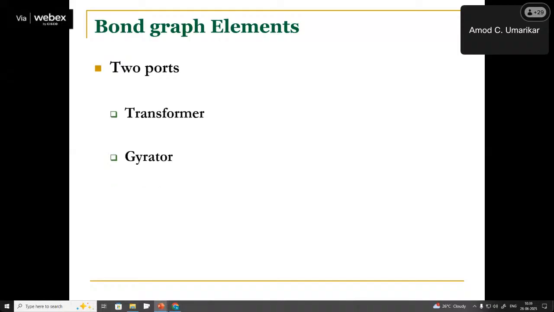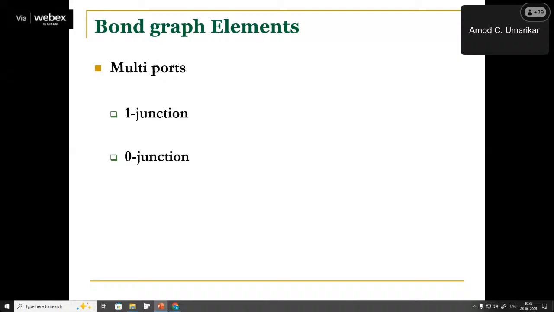So this is one port. Two ports: transformer and gyrator. I'll come to what a gyrator is, but you must have heard this term. Have you heard of it? No, sir. I'll come to it. So transformer and gyrator. Note again, this has nothing to do with electrical. Transformer means it's a two-port element.